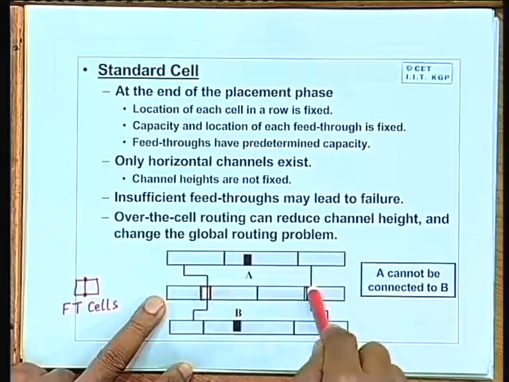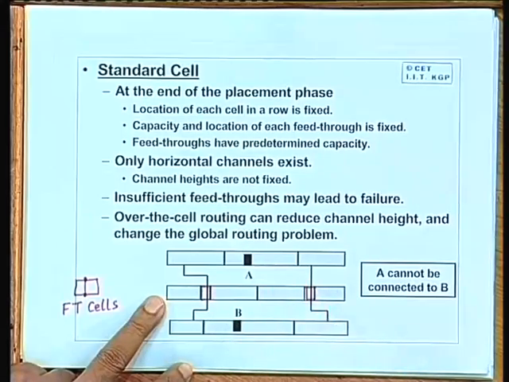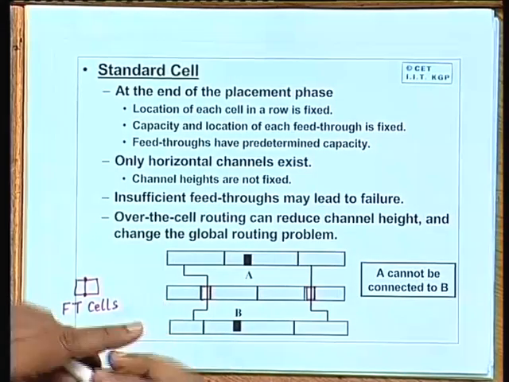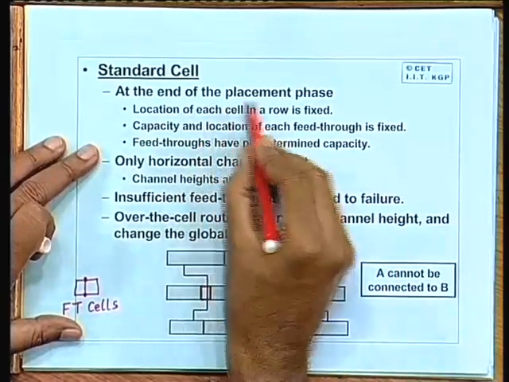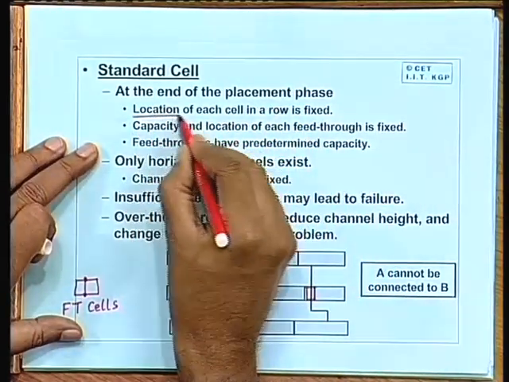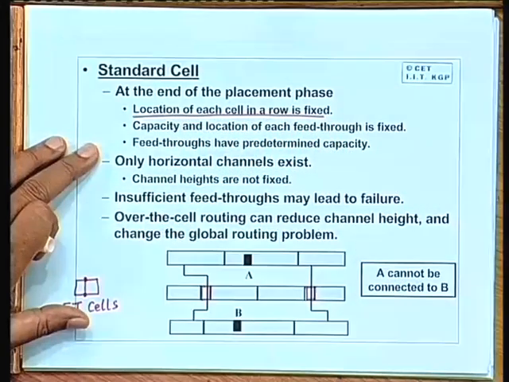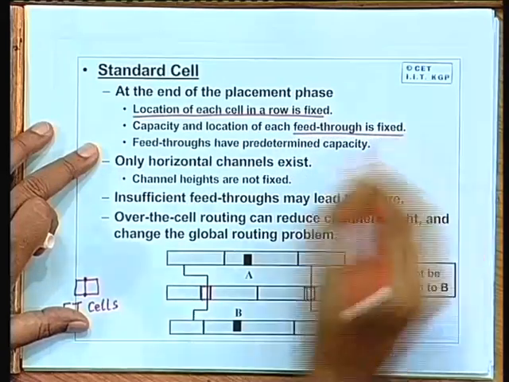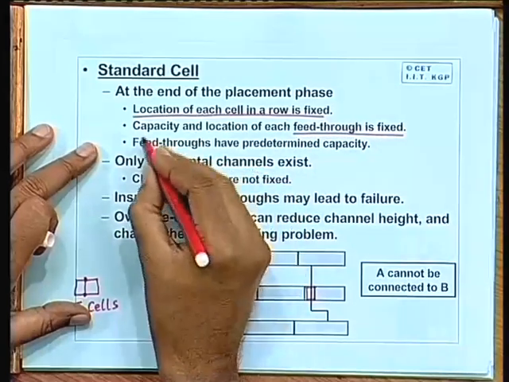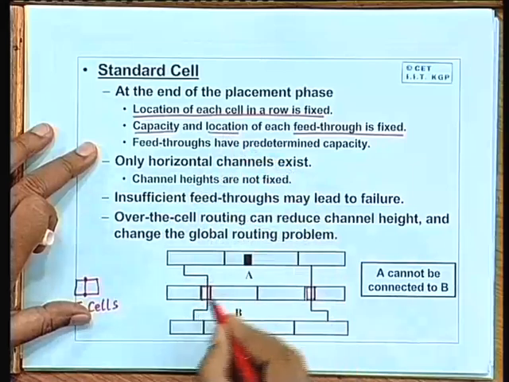So, there will be 2 feed throughs which are inserted. In standard cell design style, after the placement, location of each cell gets fixed. Not only that, feed throughs also get fixed, the capacities and also their exact location.